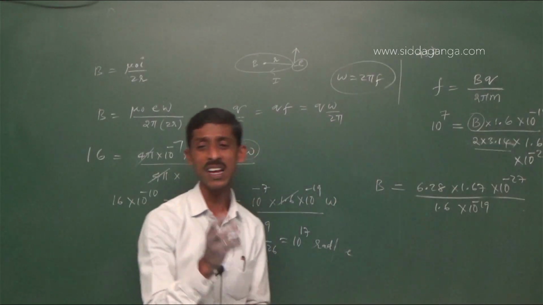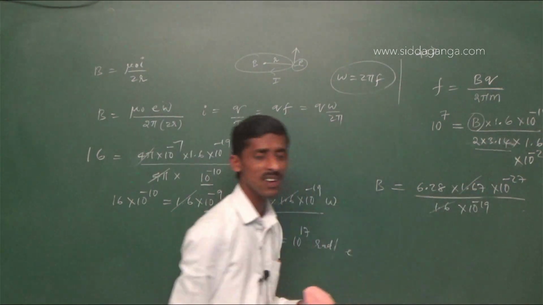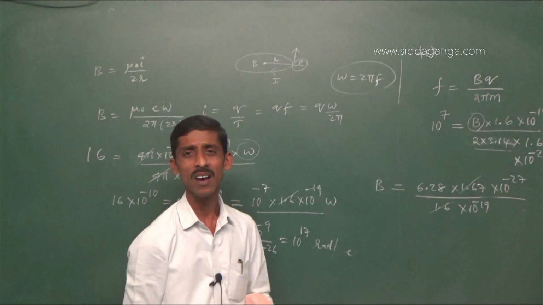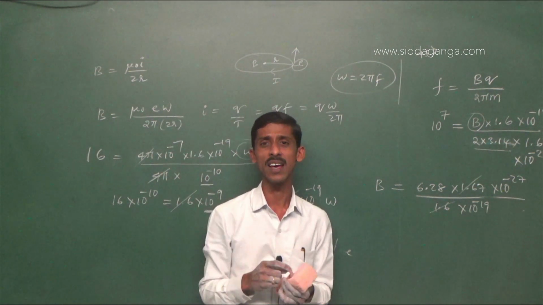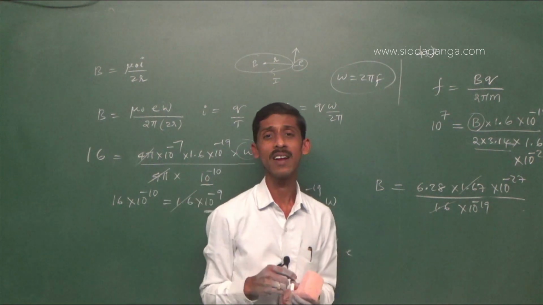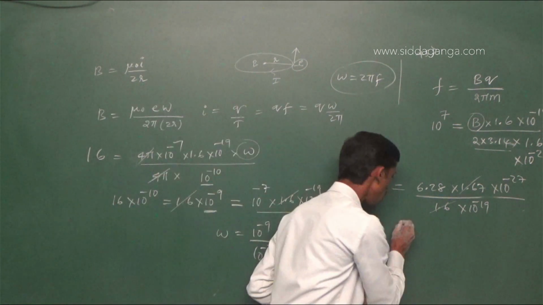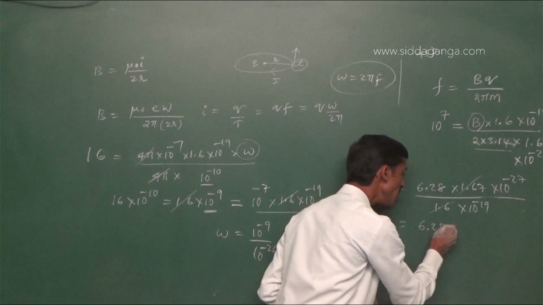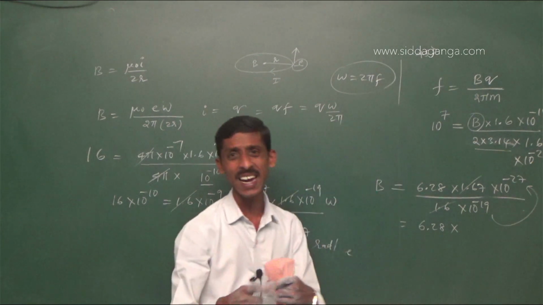If you observe clearly, 1.67 and 1.6 are approximately the same. Numerically 1.67 is slightly more than 1.6. So what about the remaining values? 6.28 into 10 to the power of minus 19 coming up becomes plus 19.